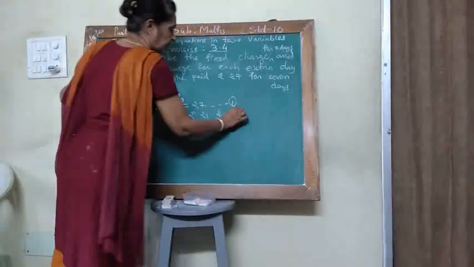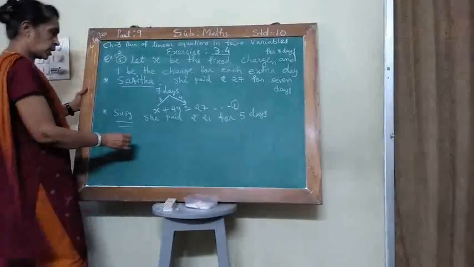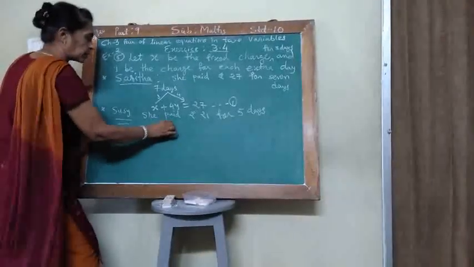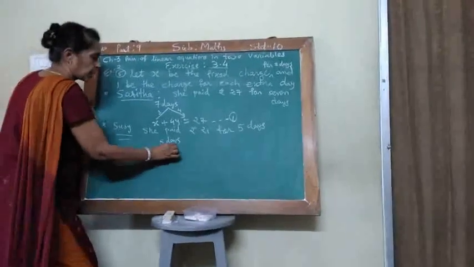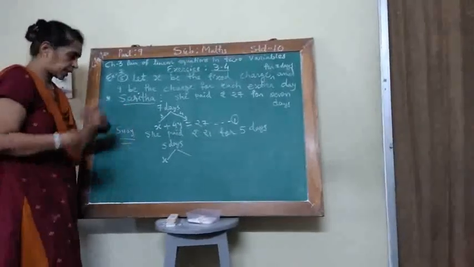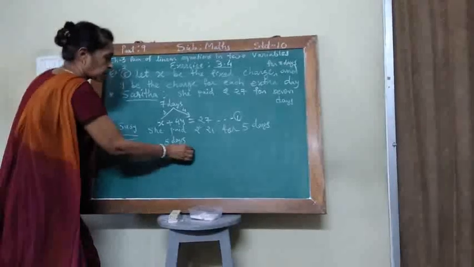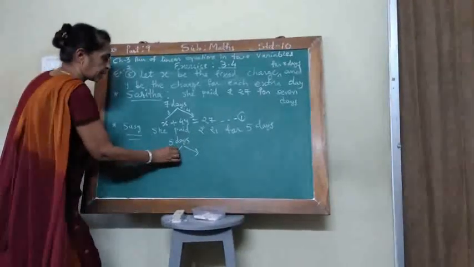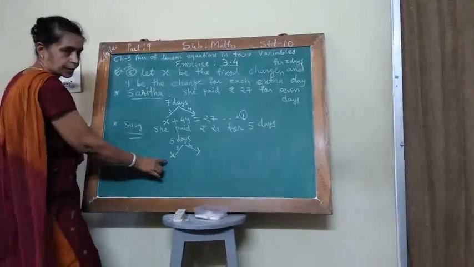Read the question carefully. So 5 days means 3 days x rupees. And after 3, how many days? 4 and 5, 2 days. So y how many times? 2 times y. So here 3 days and here 2 days, total 5 days. 3 days x rupees charge.